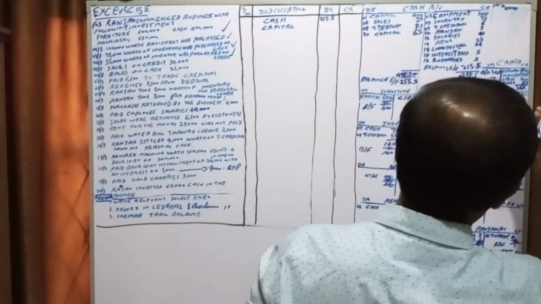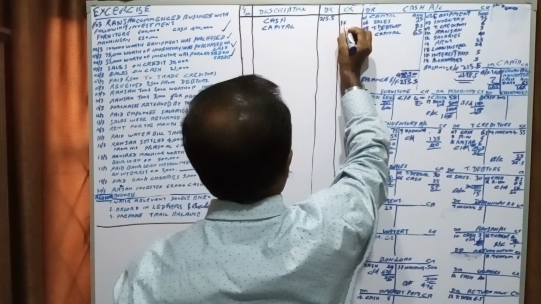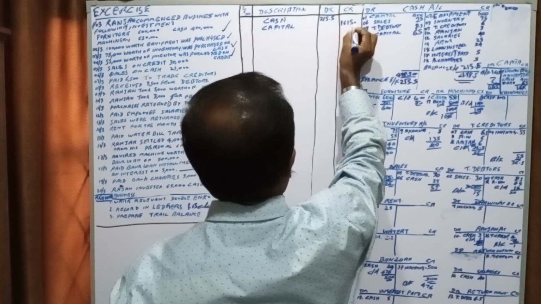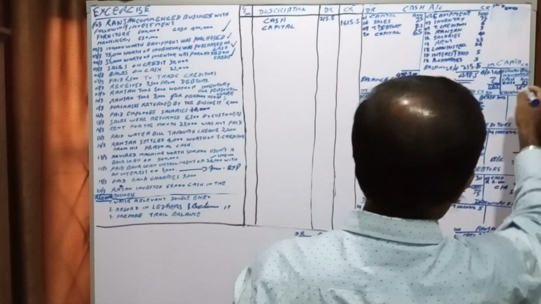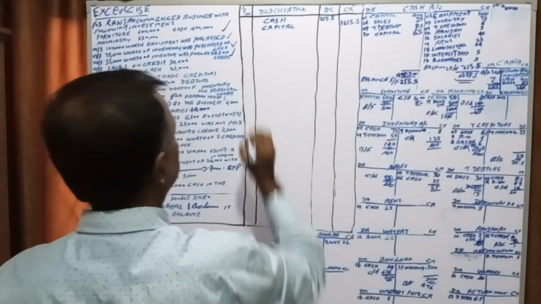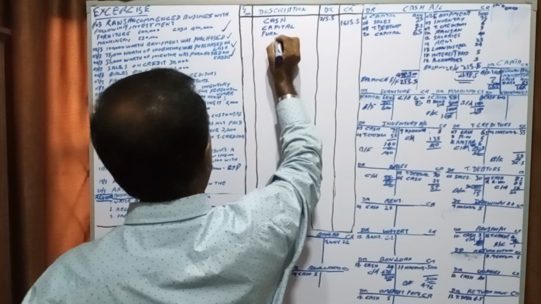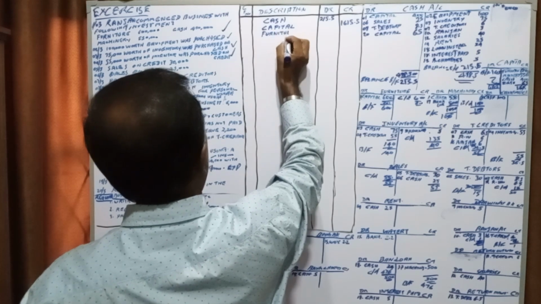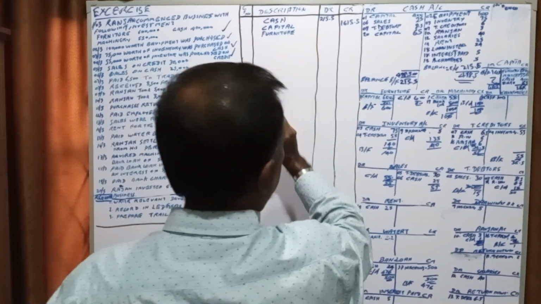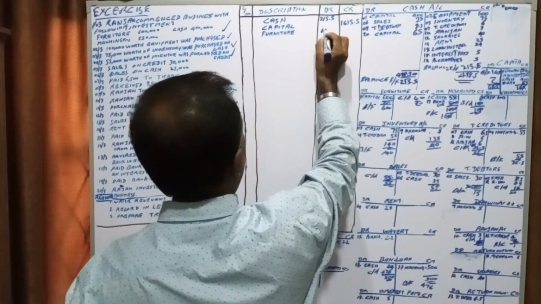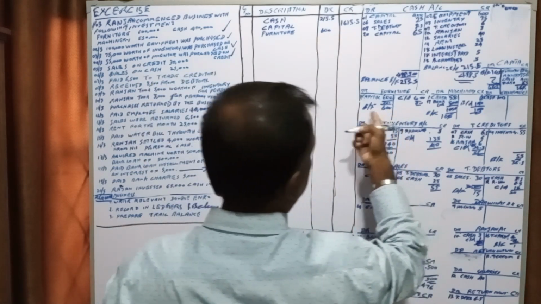We have 1,615,000, right? Next one is furniture. Furniture account is 600,000 debit balance.